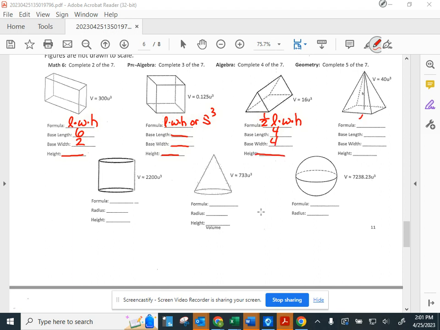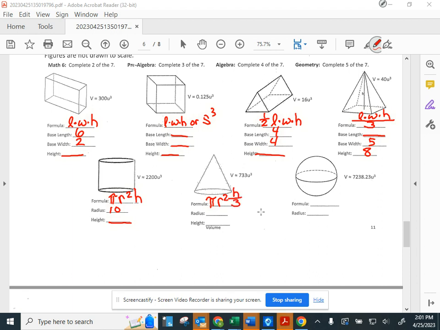For our pyramid, we have length times width times height divided by 3. We're giving you a width of 5 and a height of 8. Solve it for the length. For our cylinder, we have pi r squared times h. We have a radius of 10. Solve it for the height. For our cone, our formula is pi r squared times h divided by 3.